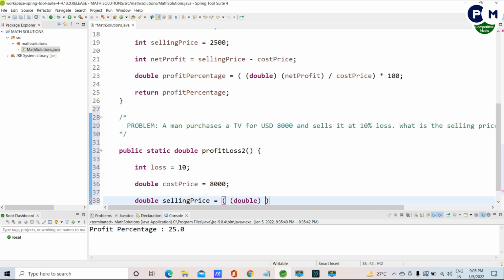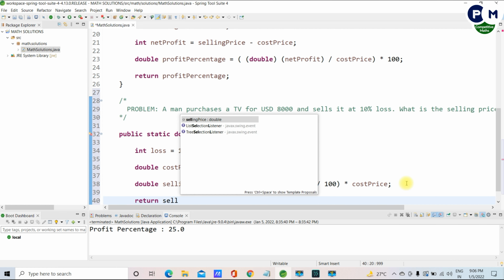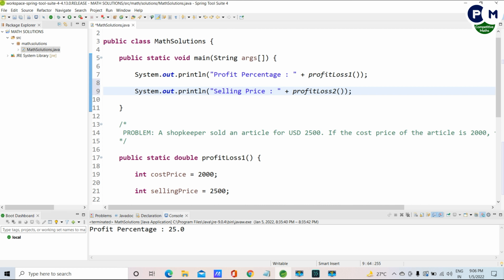Next, calculate the net profit by subtracting cost price from selling price. The selling price is calculated as 100 minus loss divided by 100 multiplied by cost price. The last step is to return the selling price.